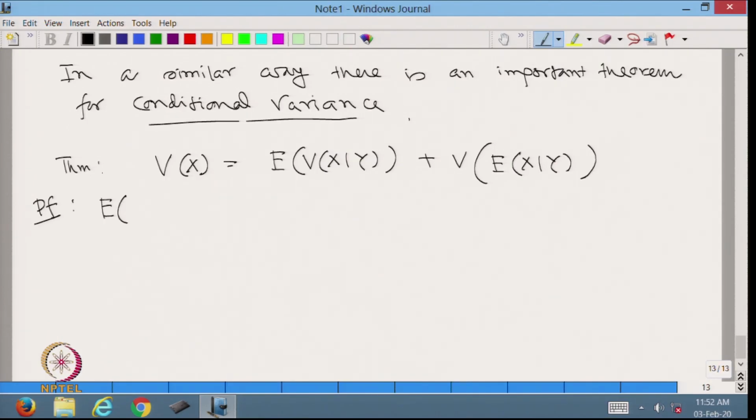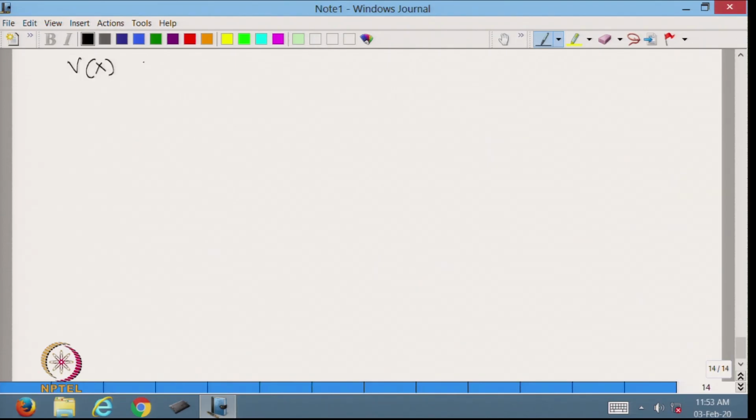Proof: expected value of variance of x given y plus variance of expected value of x given y is equal to. So, let us look at the first part. We know that variance of x is equal to expected value of x square minus expected value of x whole square.